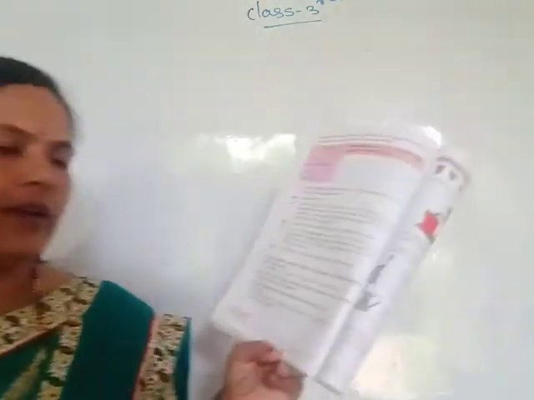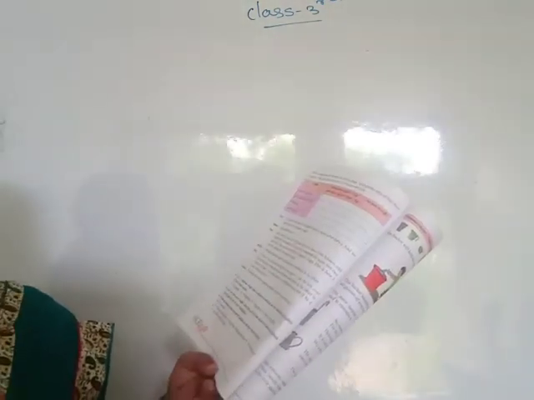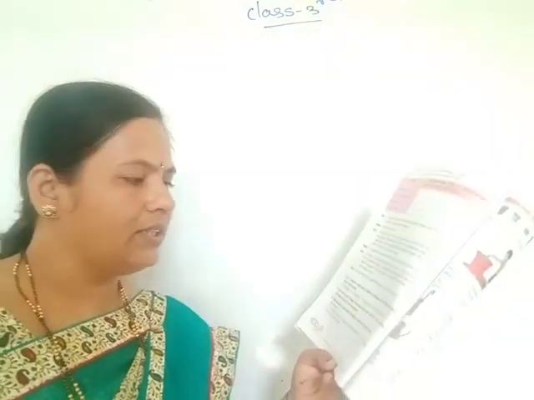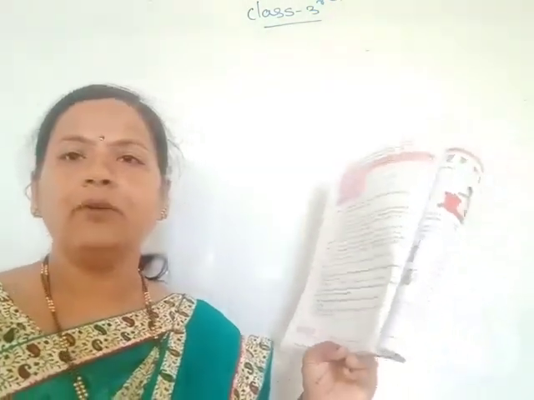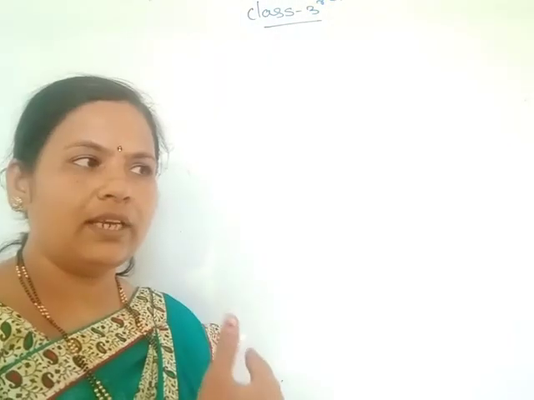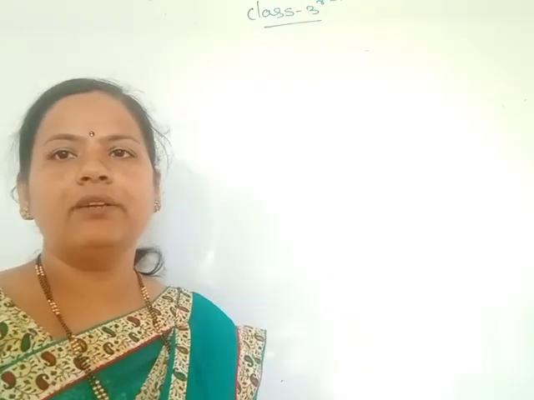Then for 3 kilograms you take 1.5 kg and here 1.5 kg. Then next, half a kilogram means you take 500 gram. For half a kilogram, you take 250 gram here and 250 gram here, and make the balance.